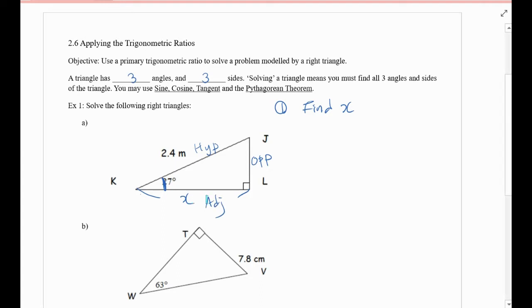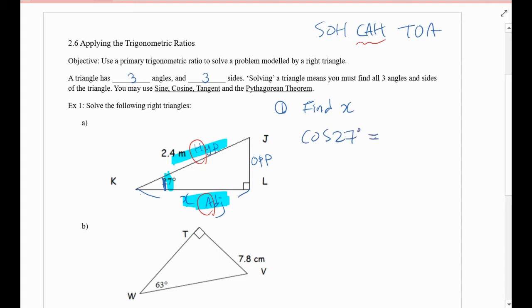So we want to know adjacent, and hypotenuse is given, and the angle is given. So write down SOHCAHTOA here. When we use A and H, that is cosine. So we're going to write cosine 27 equals adjacent over hypotenuse.